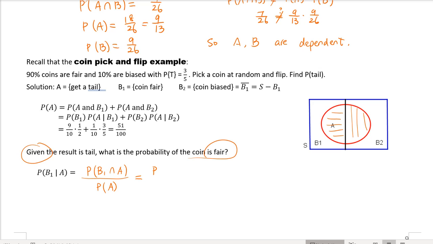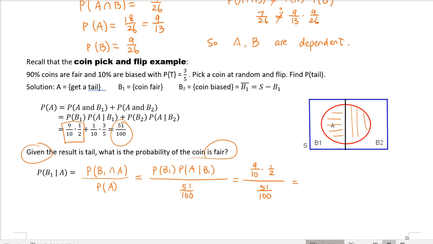Multiplication rule. Which one happened first? We must pick the coin first, and then after we have the coin, we can ask what's the probability of getting tail, right? And the denominator, we already calculated. The denominator is 51 over 100. And then the numerator, P of B1 times P of A given B1, is this part: 9 over 10 times 1/2 over 51 over 100.